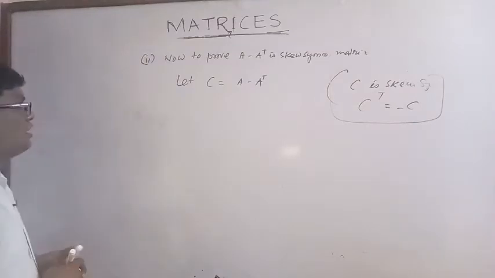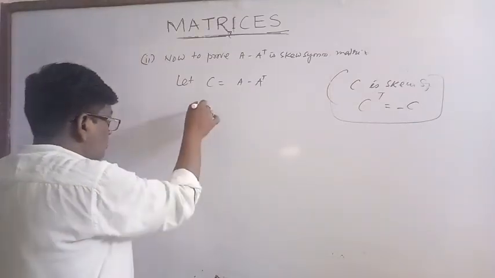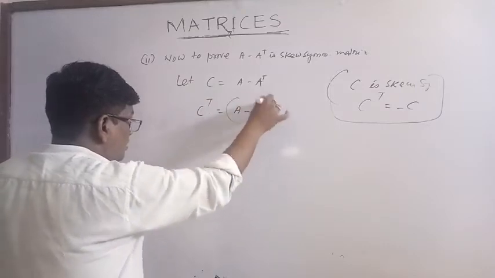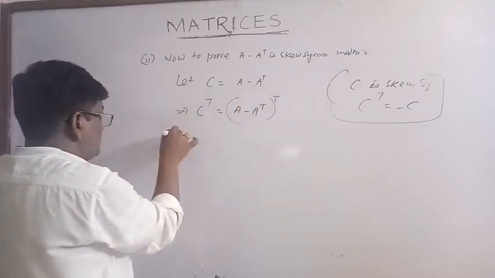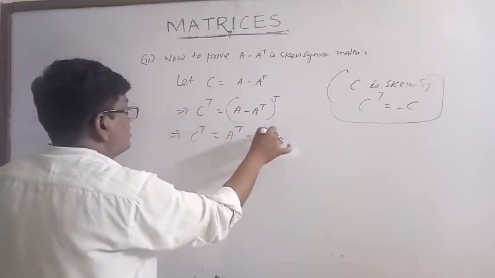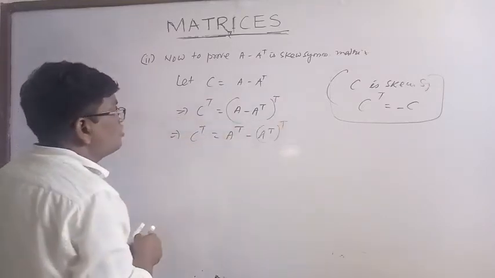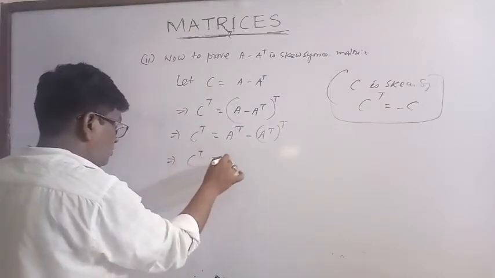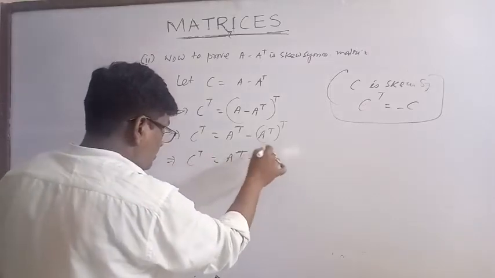Now taking the transpose on both sides, C transpose is equal to (A minus A transpose) whole transpose. That implies C transpose is equal to A transpose minus A. Taking minus common, C transpose is equal to minus (A minus A transpose).